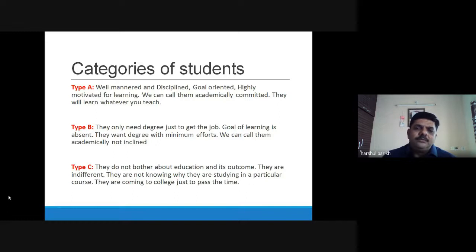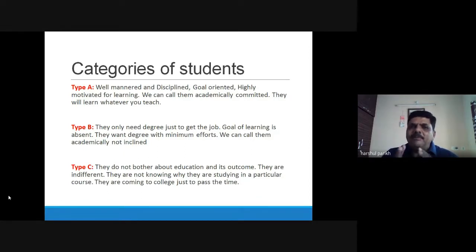Type B students need just a degree to get a job. The goal of learning is absent in such students. They want to get a degree with minimum effort.